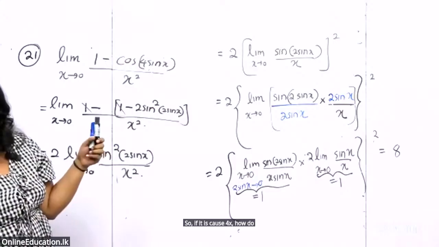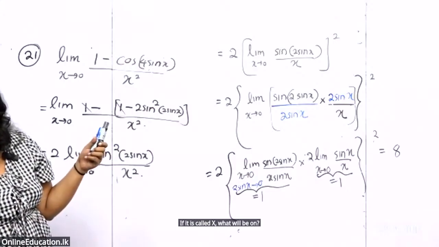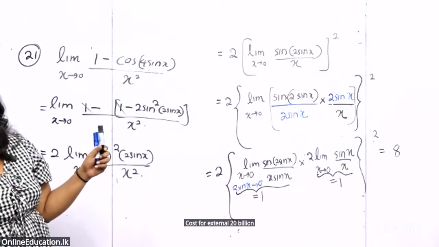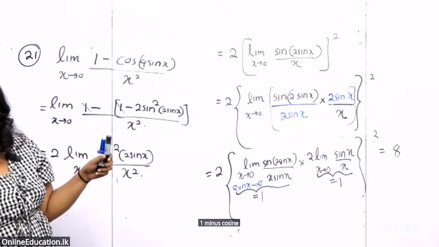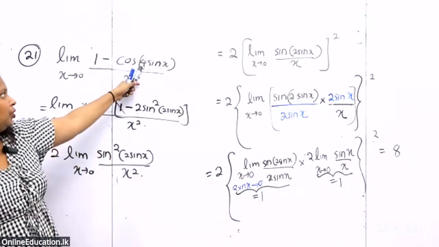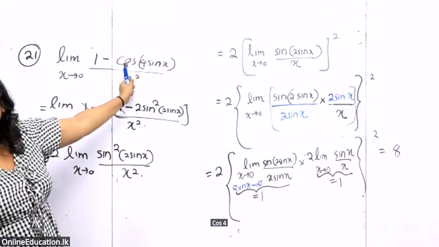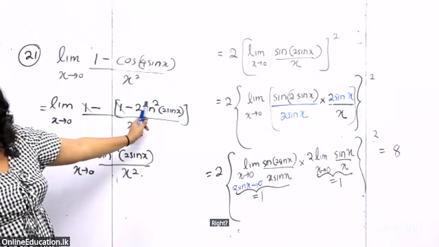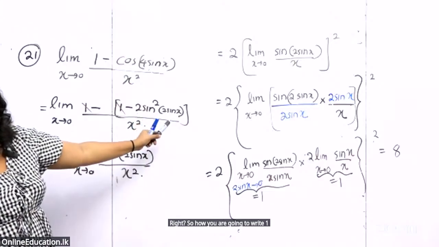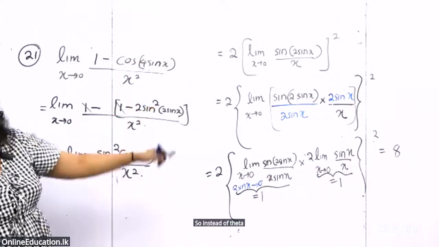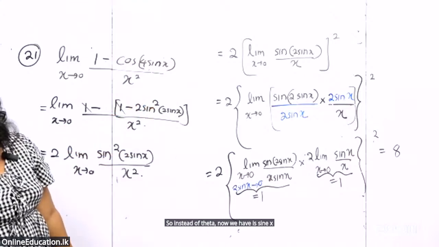If it is cos 4x, what will be your answer? 1 minus 2 sin squared 2x. Now what about cos 4 theta here? How are you going to write it? 1 minus 2 sin squared 2 theta. So instead of theta, now you have this sin x. Clear?